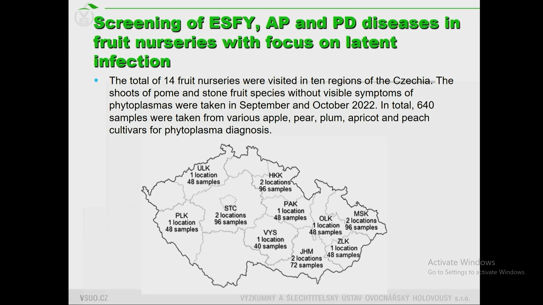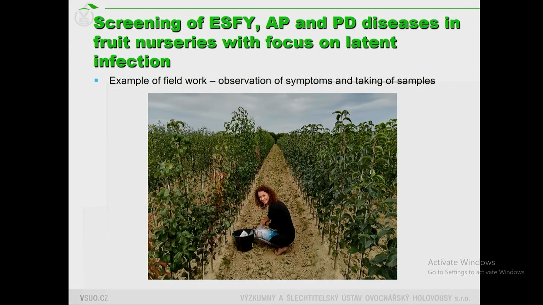The screening was carried out at the end of vegetation in September and October 2022. In total, we took 640 samples from apple, pear, apricots, plum, and peach for phytoplasma diagnostics.